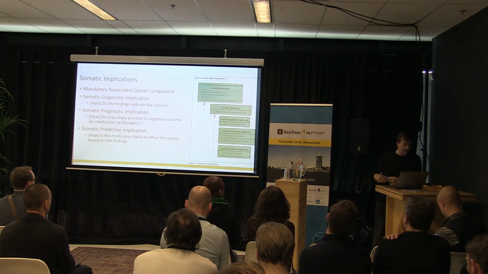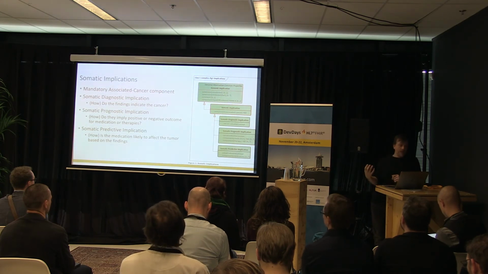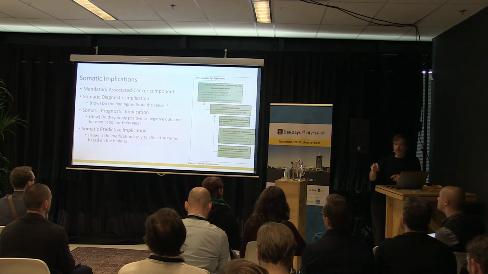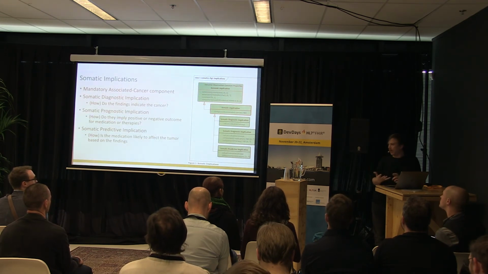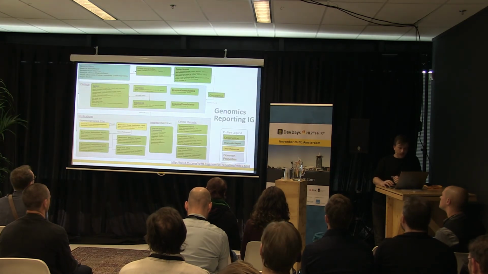What are we expecting for this patient as an outcome? And then there's the predictive implication, which is more generic, which means if I have a subject, a patient with the following variants, and we are applying this medication to him, this should be responding to this treatment. We already had a look at this.